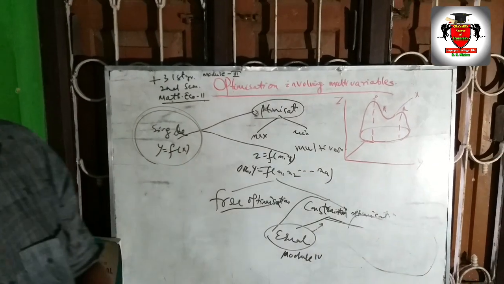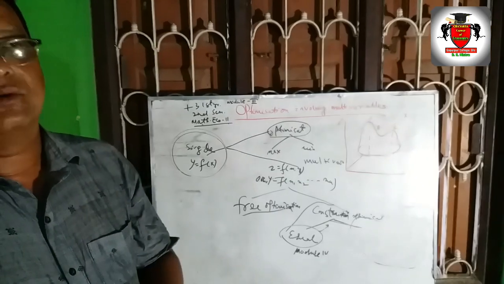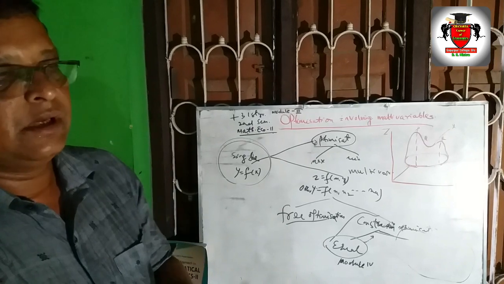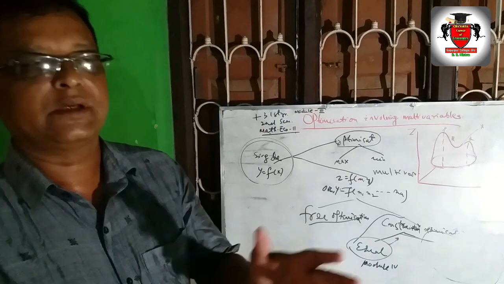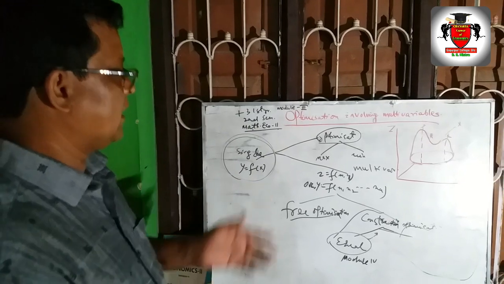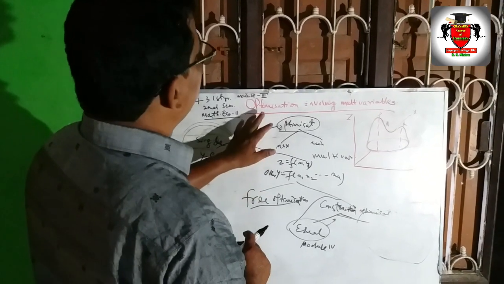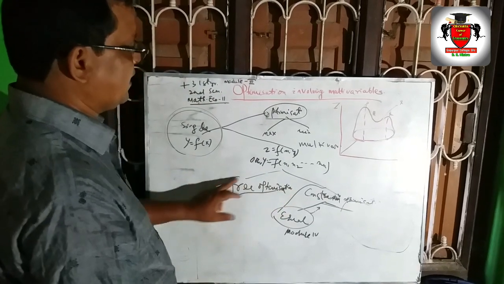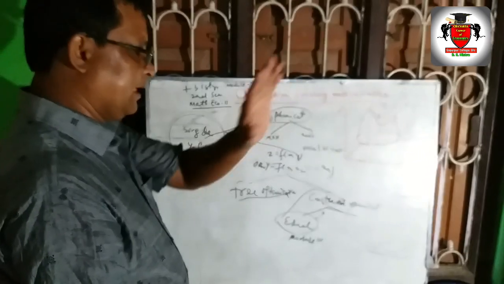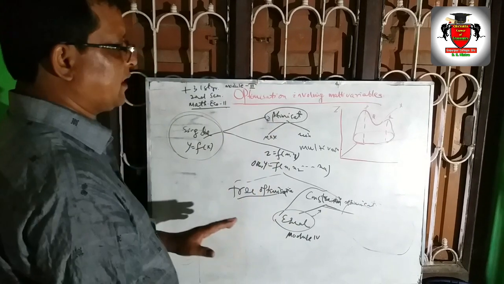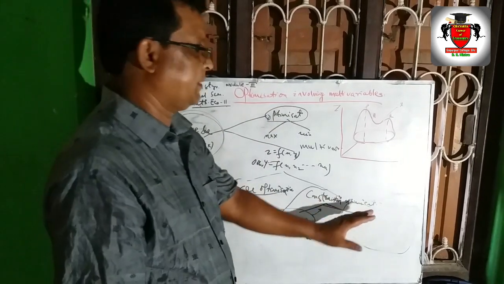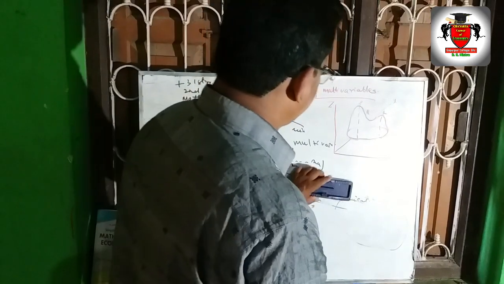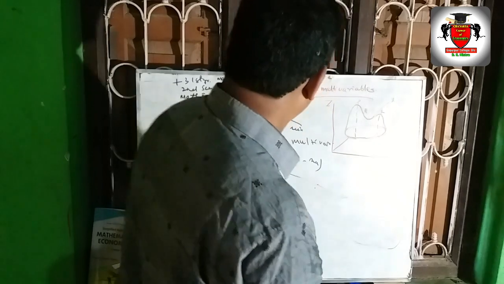You can go to my previous video, which has been given in the subscription. Now we will go for optimization involving multivariable, that means the free optimization case. Then in the next 3-4 classes, we will go for constraint optimization. However, we will study this free optimization now.